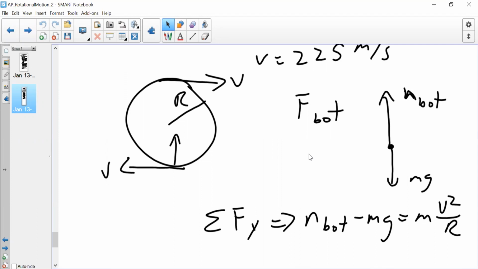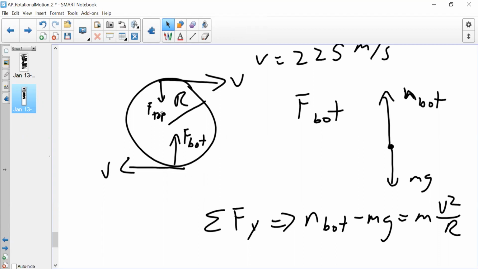So we have the force at the bottom and a force at the top. We're going to see today if it in fact is the same.